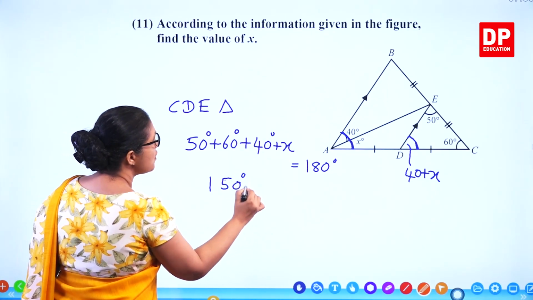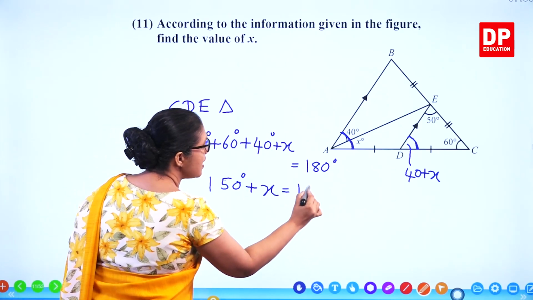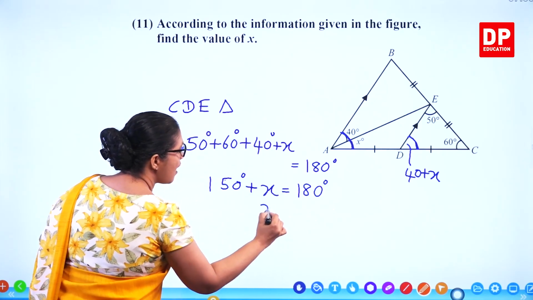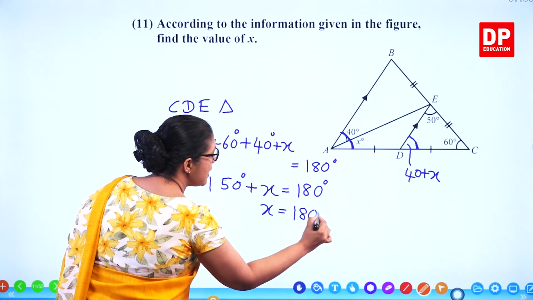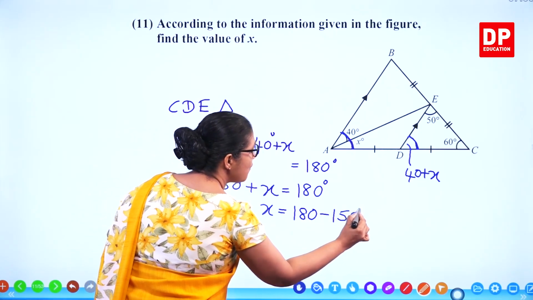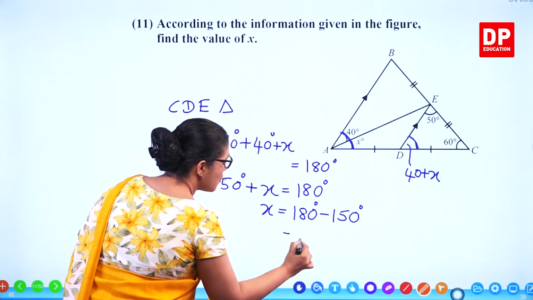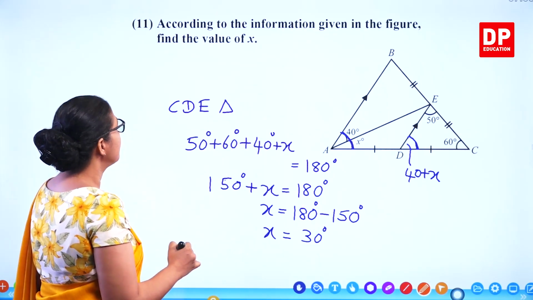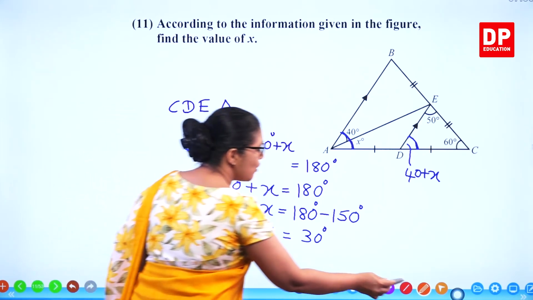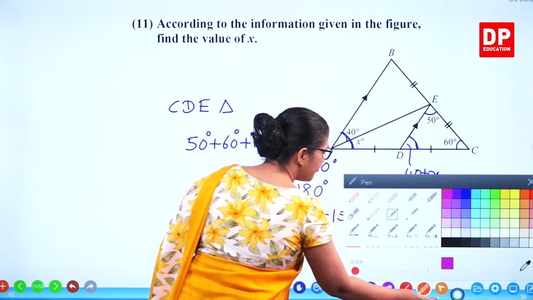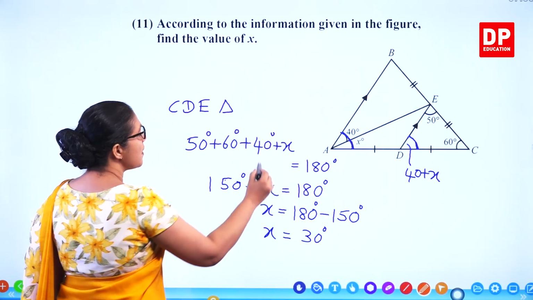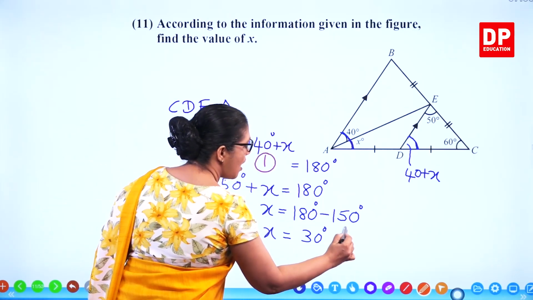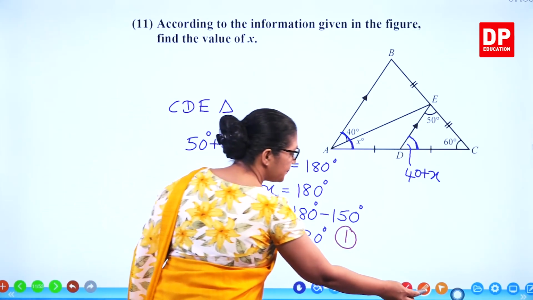So 150 plus x is 180. So x becomes 180 minus 150, so you get 30 degrees. They are asking the value of x. So 2 marks: method mark and accuracy mark.